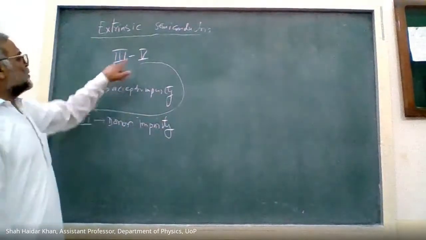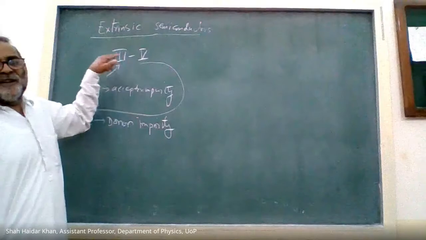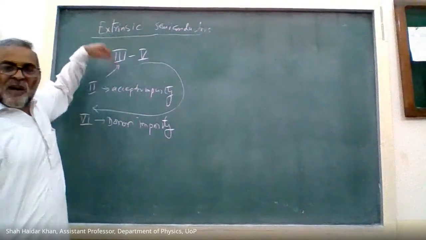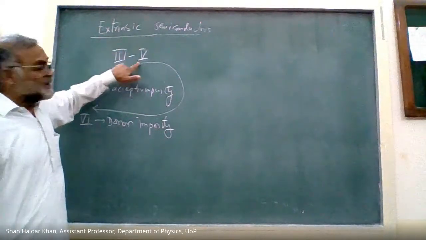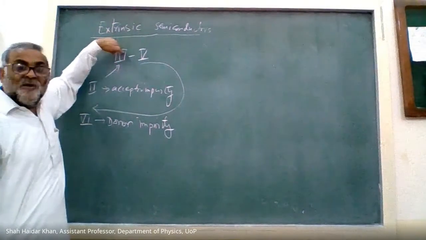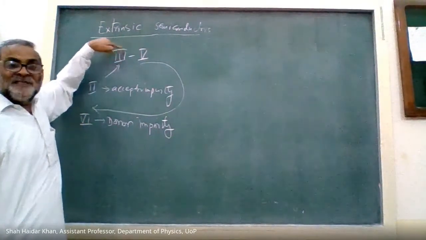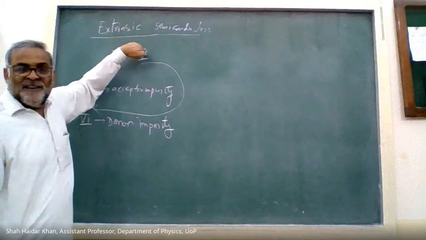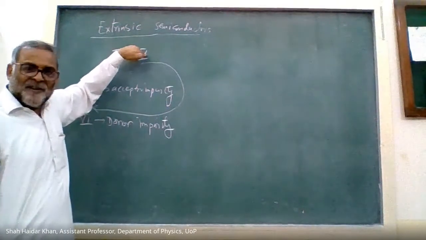You can put an element from group 4 into the 3-5. If silicon replaces this, it will be a donor impurity. If silicon replaces this, it will be an acceptor.